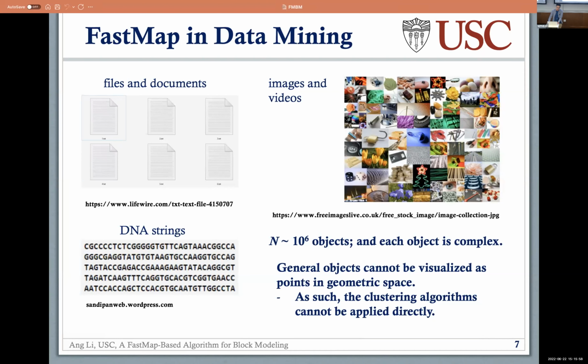However, these methods cannot be applied to abstract objects directly, such as files and documents, images and videos, and data strings. However, we can use FastMap to embed them into the Euclidean space first. And once we have the embedding, we can apply clustering algorithms such as k-means and GMM clustering.